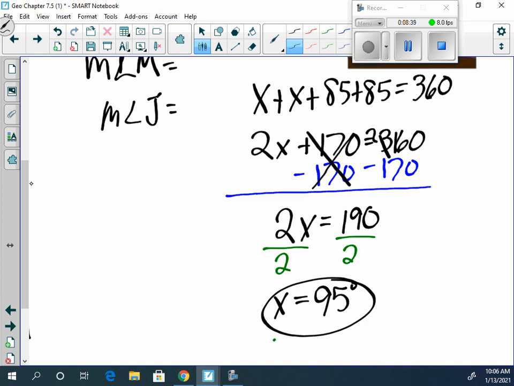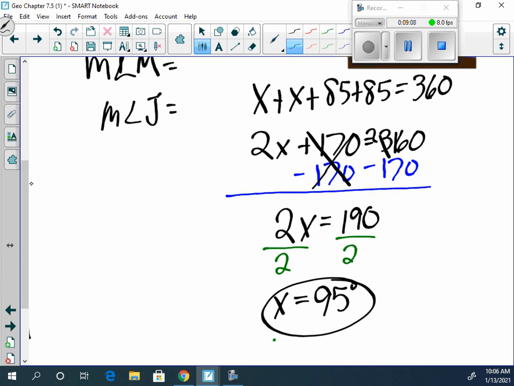So we know that for any quadrilateral, the sum of the interior angles is 360. Four-sided figure, sum of the interior angles is 360. On a different note, what's the sum of the exterior angles? The sum of the exterior angles of any polygon is 360. It doesn't change. But the sum of the interior angles for a four-sided figure is 360.